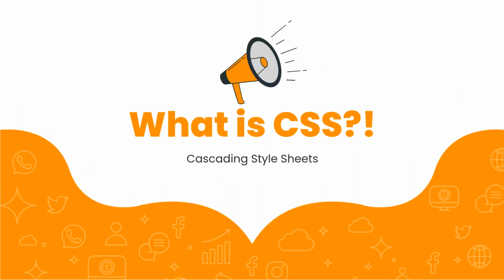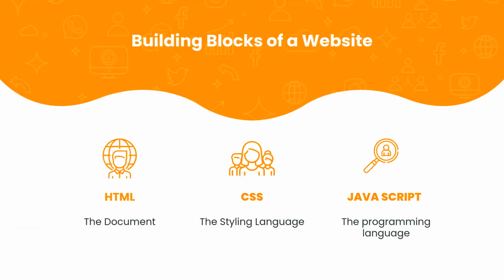So today we're going to discuss the topic: what is CSS, or what is Cascading Style Sheets. Now the basic building block of any website is actually three things. The first is the HTML document itself. Without the HTML document you don't have a website. The HTML document defines how a website should be blocked out.